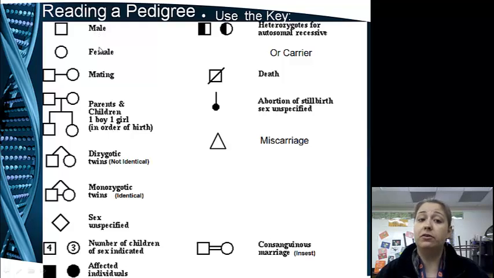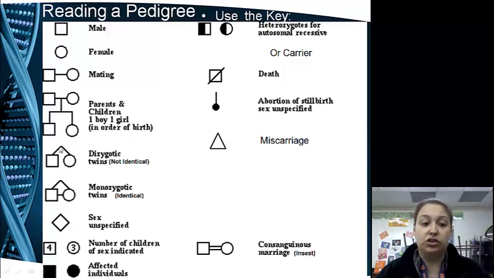Again, male is a square, female is round. Mating, they have a horizontal line connecting them. A parent, so they have the horizontal line, which means mating, and then you have a T, or a tree, that comes off of them and shows the children, or the offspring. Typically, the firstborn is listed first, then the second, but if they don't tell the ages, then don't worry about the order.